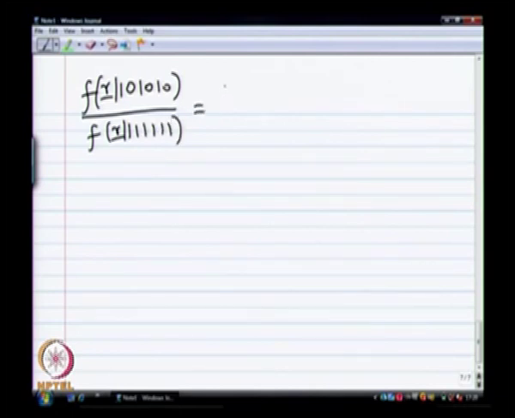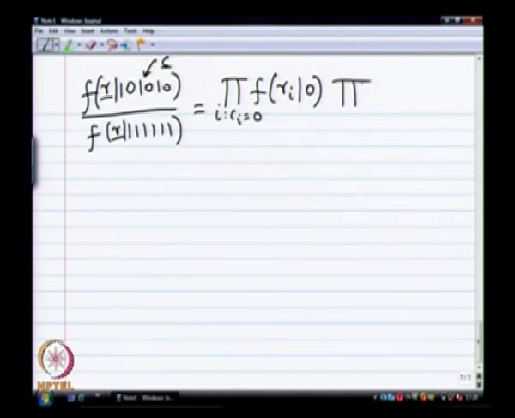This is basically the product over i such that c_i is 0 of f of r_i given 0, and then the product over i such that c_i is 1 of f of r_i given 1.